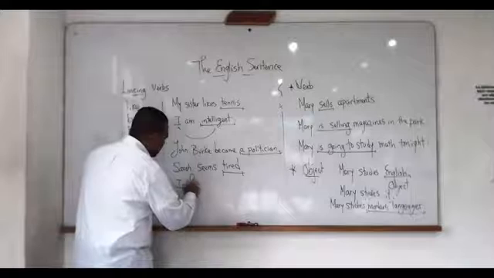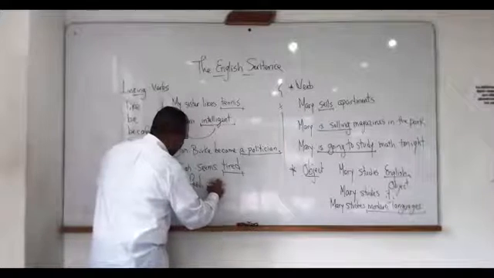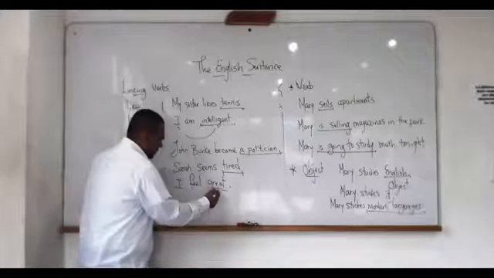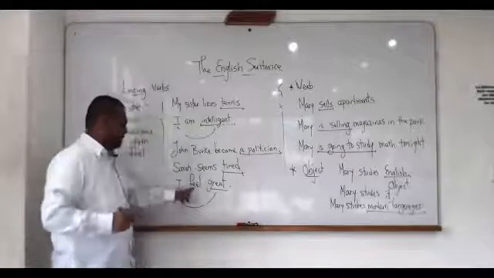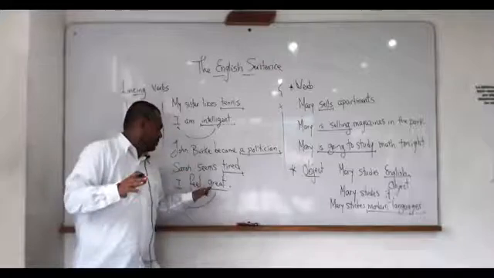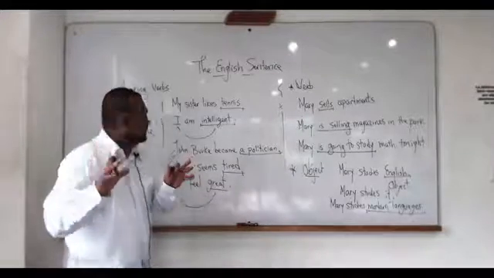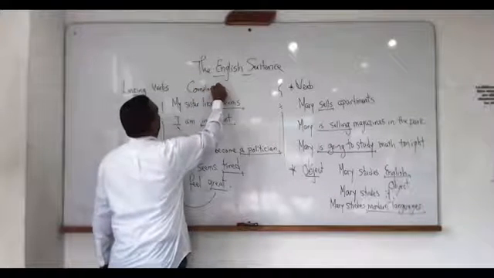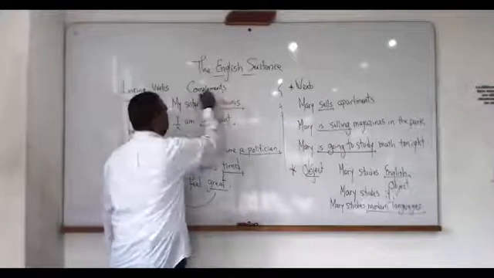Finally, feel. I feel great. Great is linked to I, which is the subject, and this is a linking verb, so this is going to be called complement. So, these are complements.